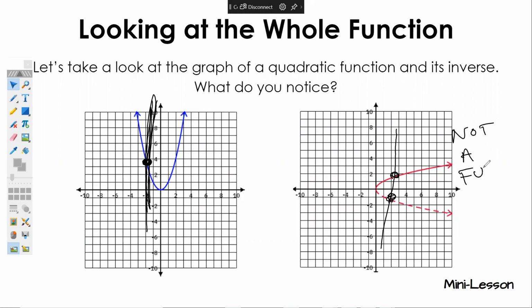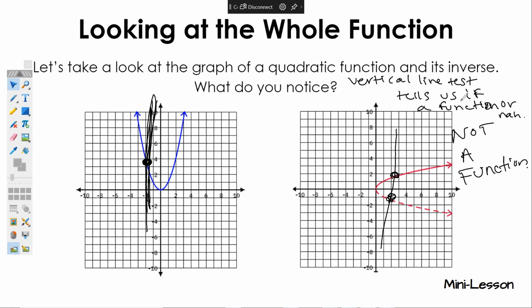That's what they're wanting you to know. So the vertical line test tells us if it's a function or not.